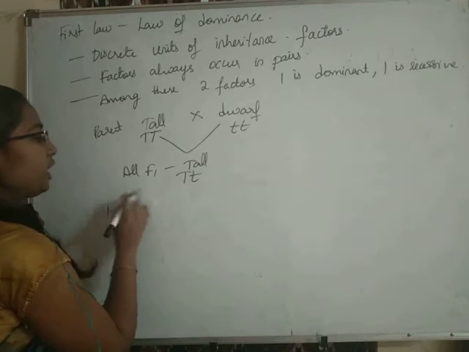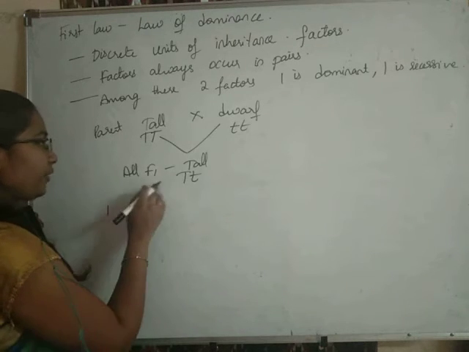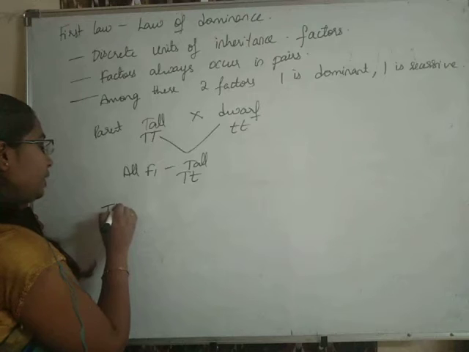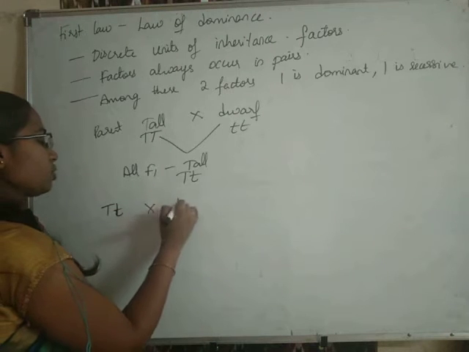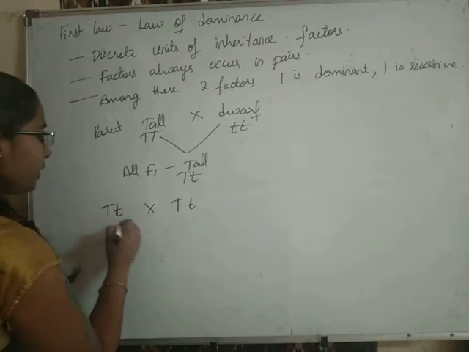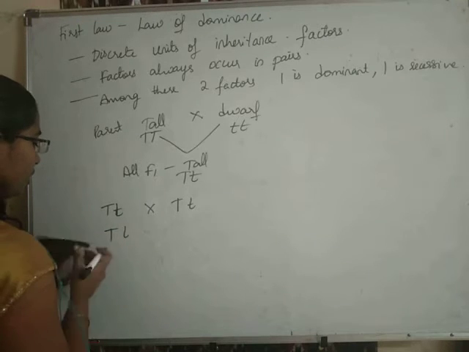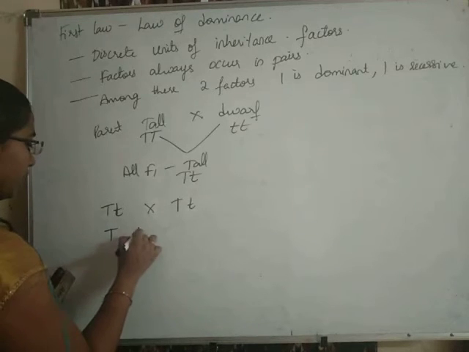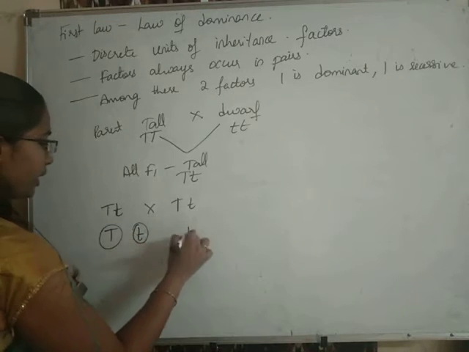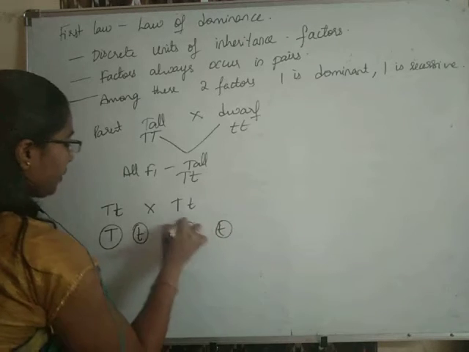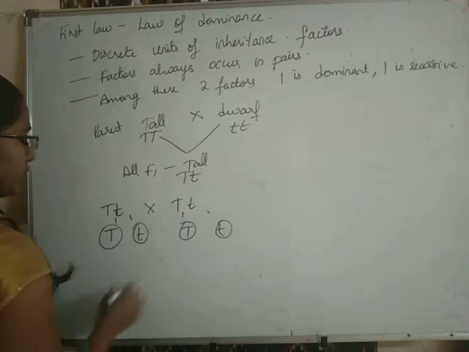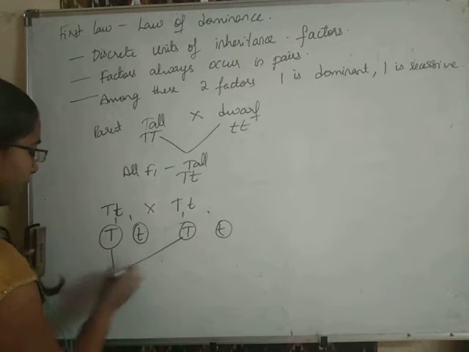When the F1 individuals, capital T small t, were crossed with capital T small t, these are the gametes formed from both types.